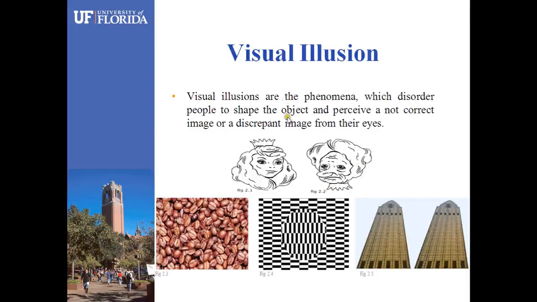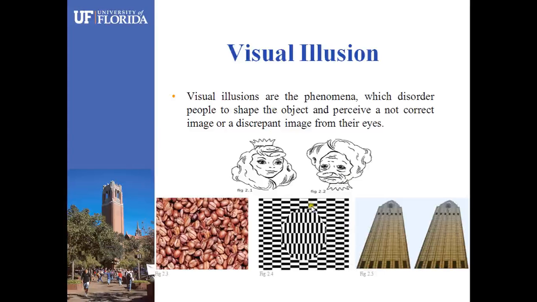And the second part is visual illusion. I think this is the most interesting part of my lecture. Visual illusions are phenomena which disorder people's perception of shapes and objects, so they perceive an incorrect image from their eyes.